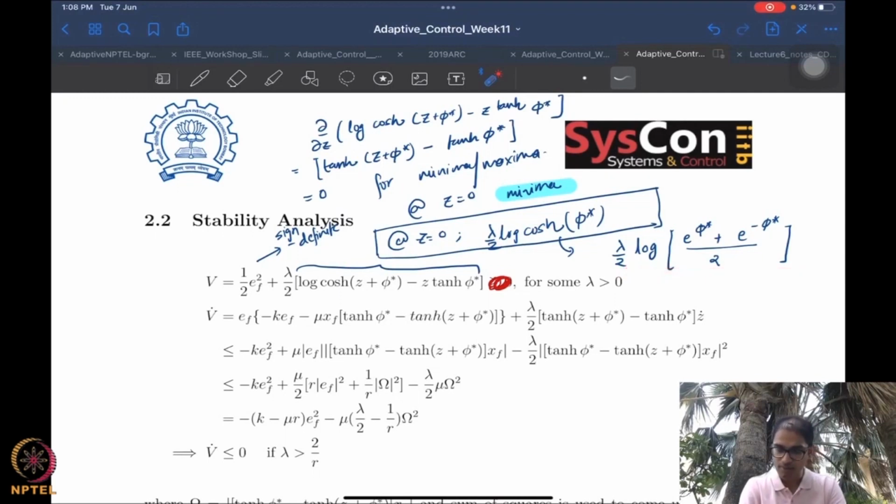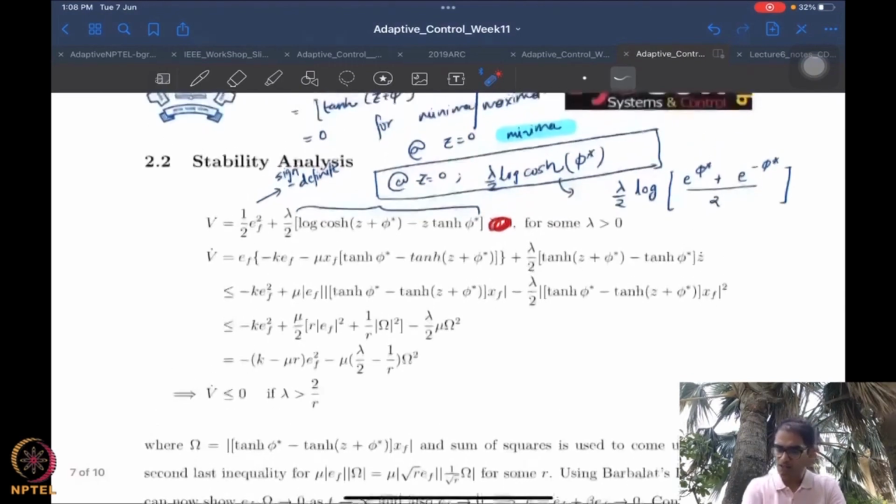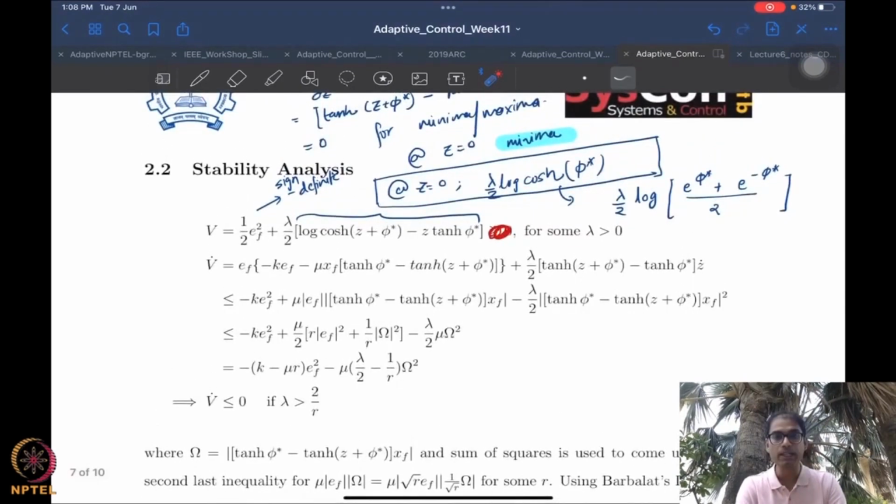So this is not necessarily 0, but this is essentially a constant lower bound that you will get. I don't think we have to worry too much about what that exact value is, because for my Bavlat's lemma type analysis, all I need is a lower bound.